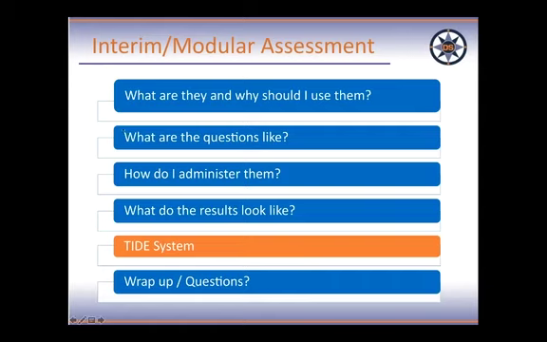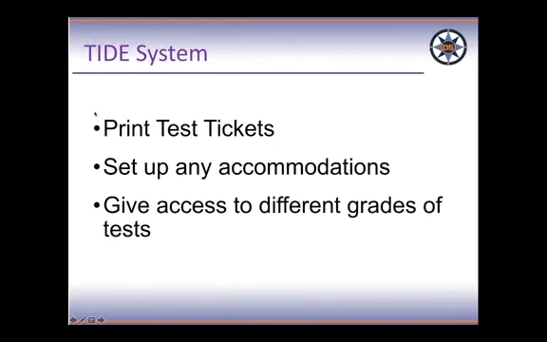Now into the TIDE system, we have like 10 minutes, no? I'll talk even faster. Into the TIDE system, there are things that you have to do if you're going to give the interim assessments, just like there are things that somebody has to do with the TIDE system for the summatives. You have to print test tickets. You have to set up any accommodations that you want your students to have.